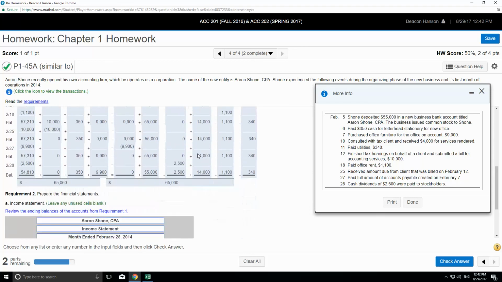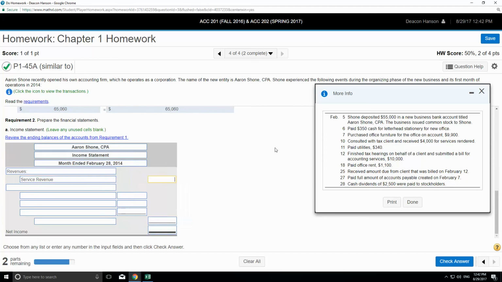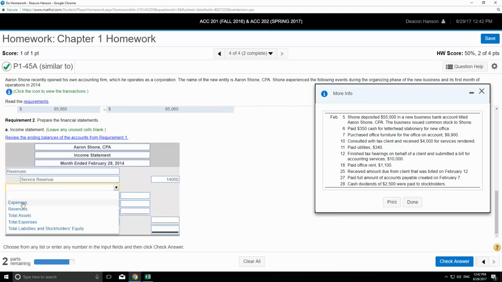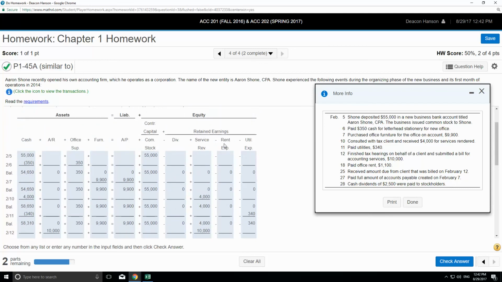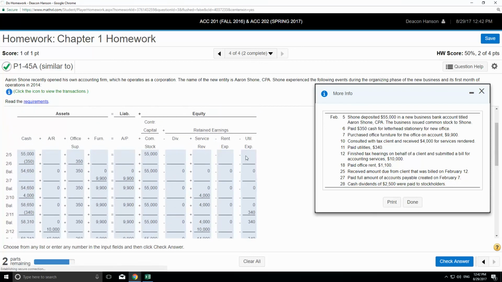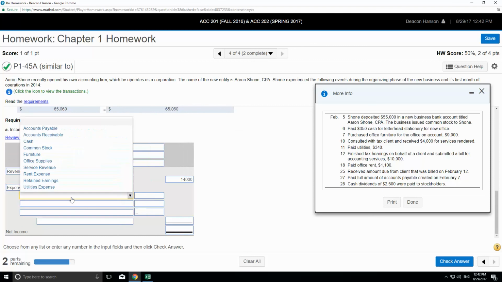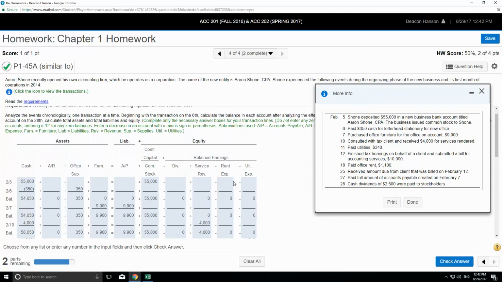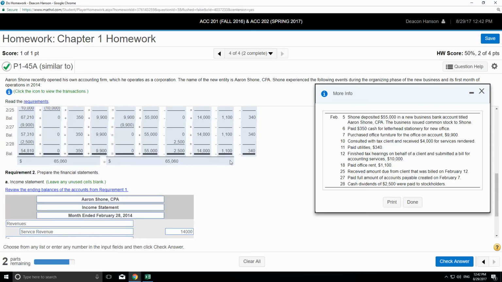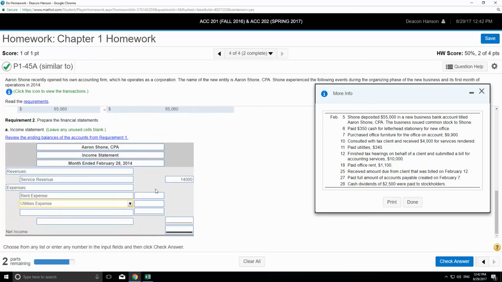Service revenue is 14,000. And then you're going to have expenses. Expenses are rent expense and utility expense, and those are 1,100 and 340 respectively.